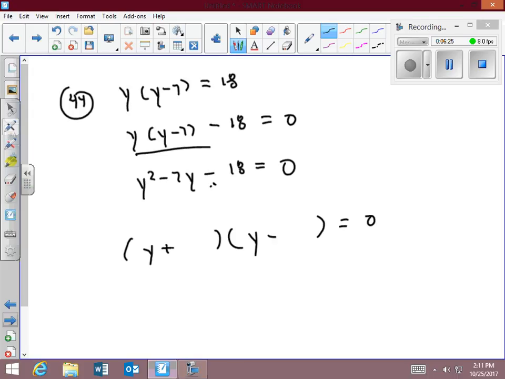Now then, is that 7 a sum or a difference? It's a difference because you're opposite signs, right? Now, what two numbers times itself is 18, whose difference is 7? Okay, 9 and 2, right? Which one goes where?